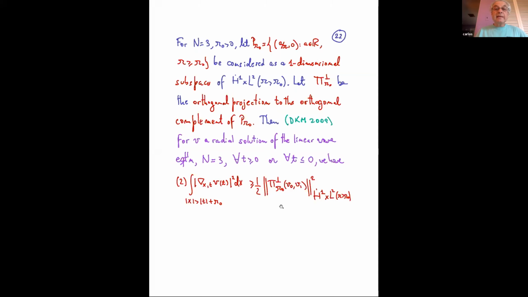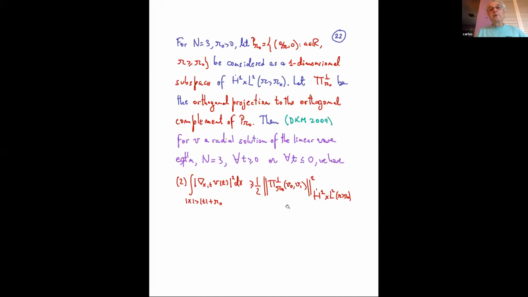Okay. So there's the exception of the solution, which is, let's say, 1 over R for R larger than R naught, and whose data is 1 over R naught for R less than R naught. And for that solution, using that 1 over R is the fundamental solution for the Laplacian, you see that the term on the left will go to 0.